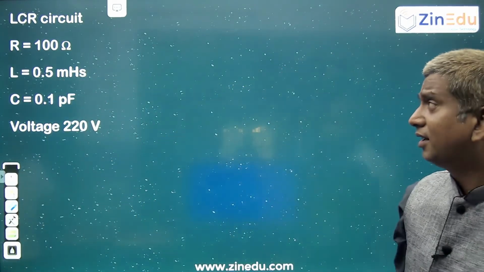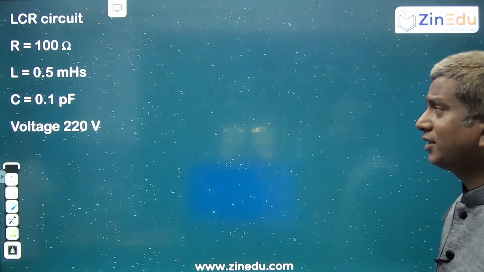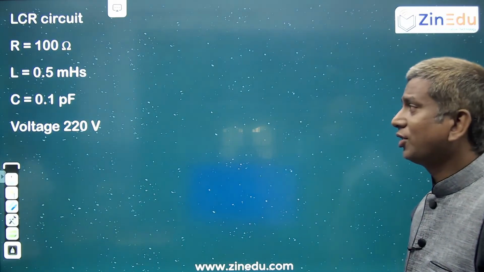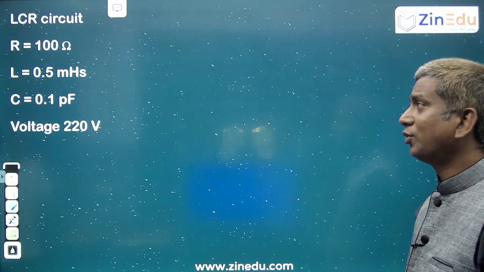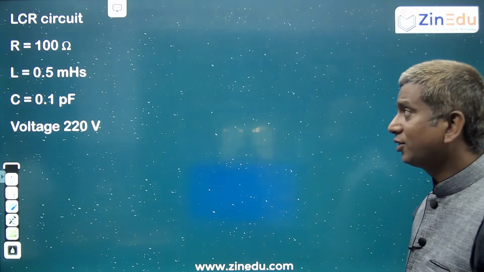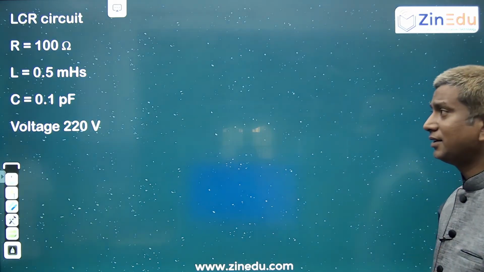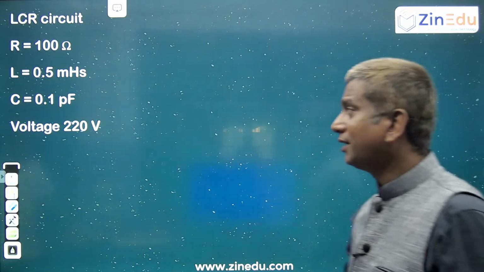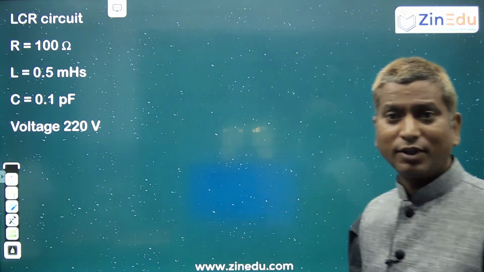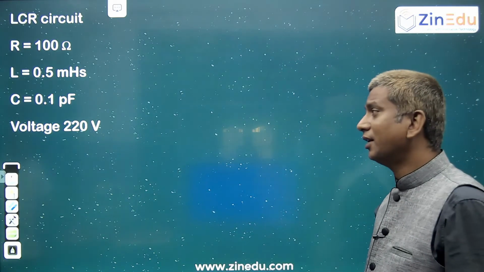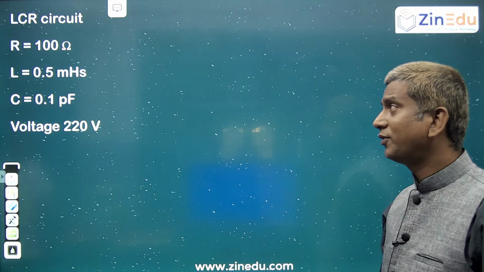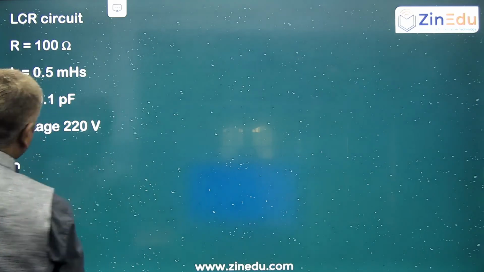So there is an LCR circuit where resistance is given, inductance is also given, capacitance is also given, and the voltage of the AC circuit is also given, and they are asking us to find the resonant frequency. So what is the resonant frequency omega?